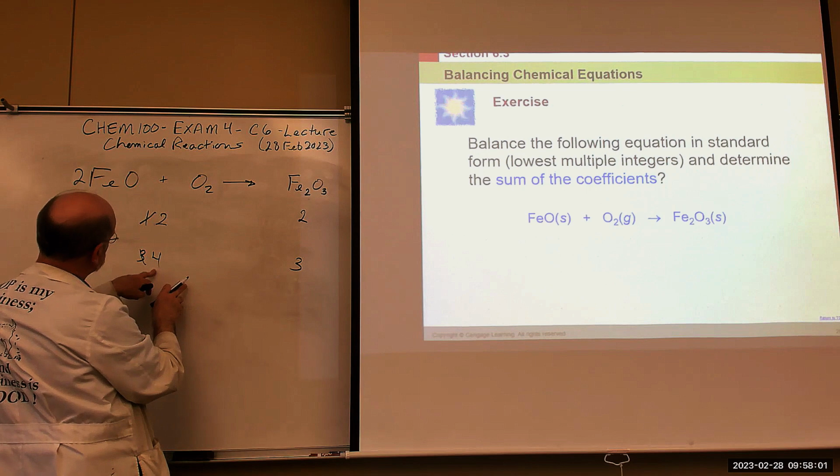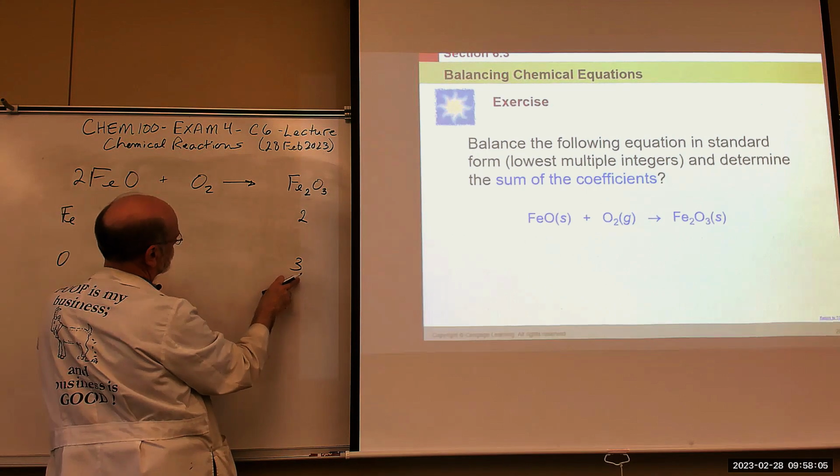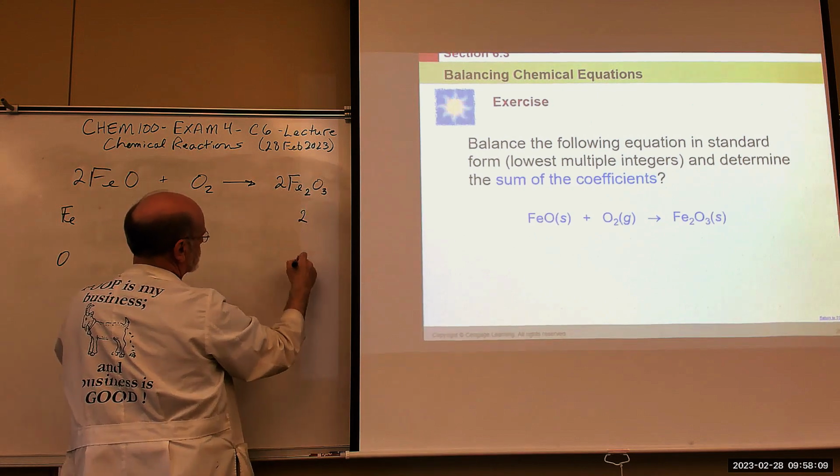Now we want an even number on this side. So we would have to do a 2, which would be 6 oxygens.